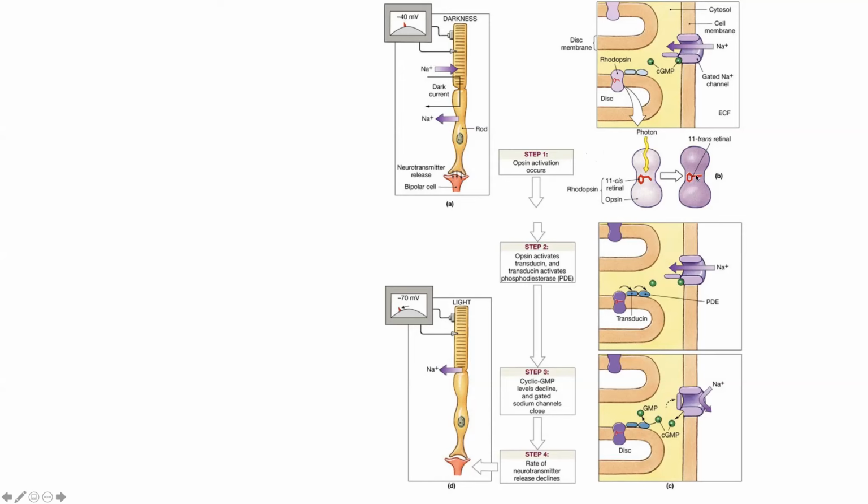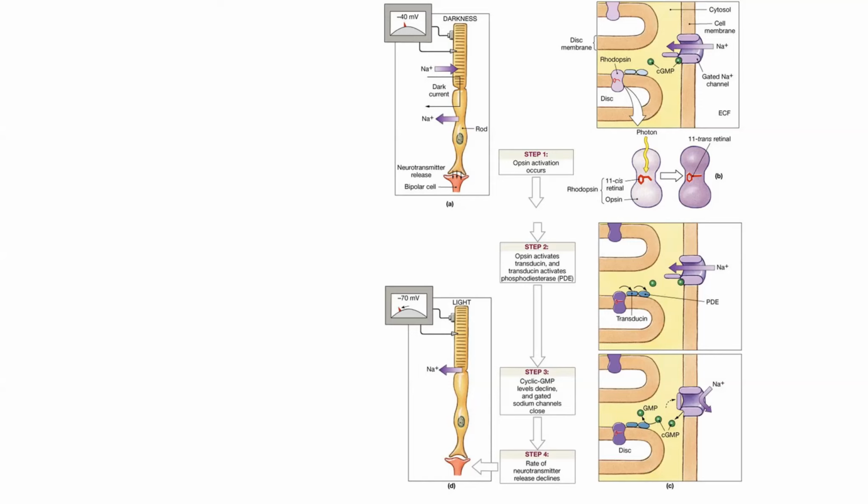When this is activated, it then creates PDE, phosphodiesterase. This phosphodiesterase changes cGMP to GMP. The cyclic GMP attaches to this gated sodium channel, and it closes it. So it shuts off this dark current that occurs when the photon comes in.